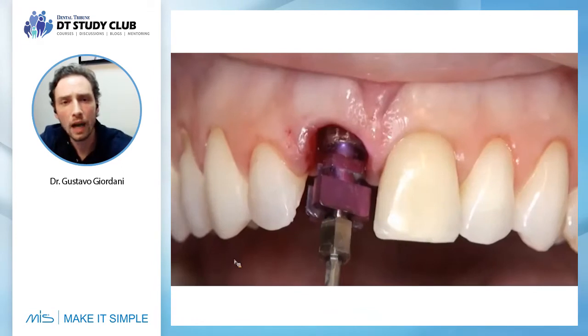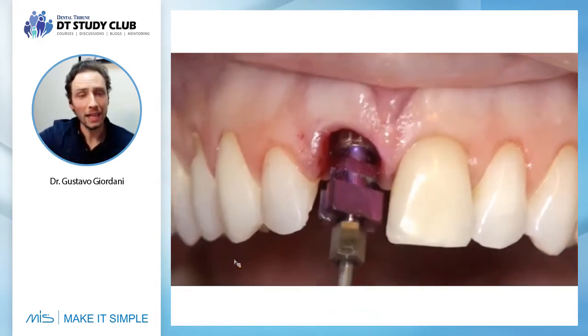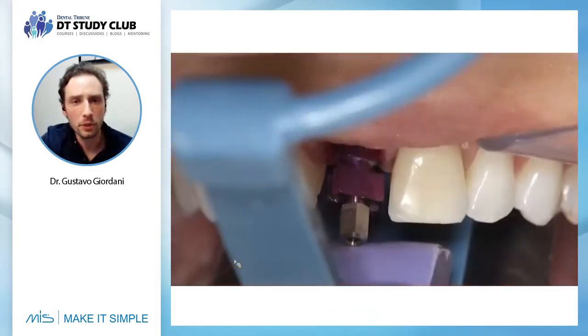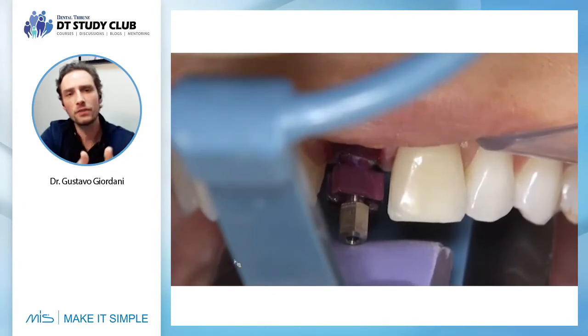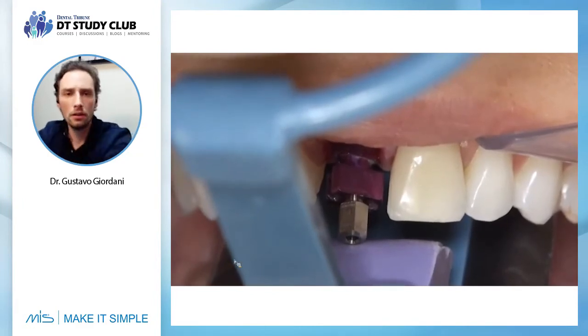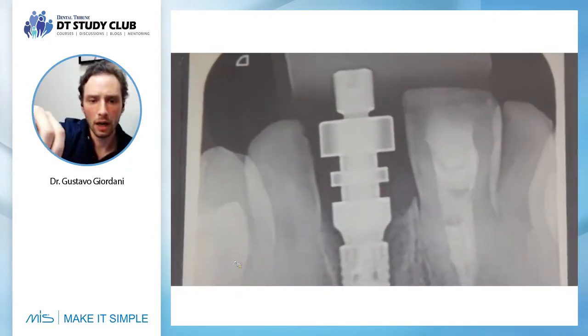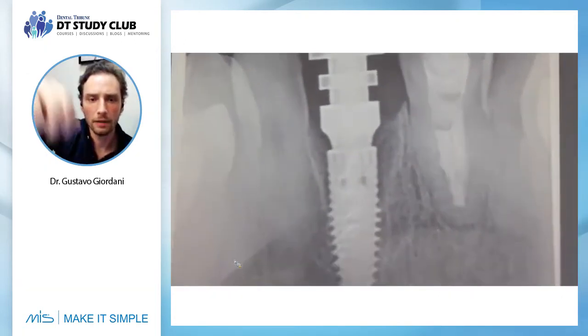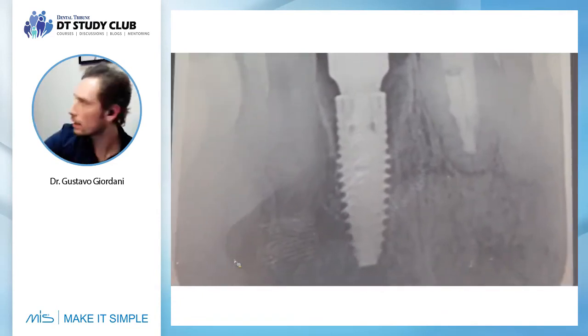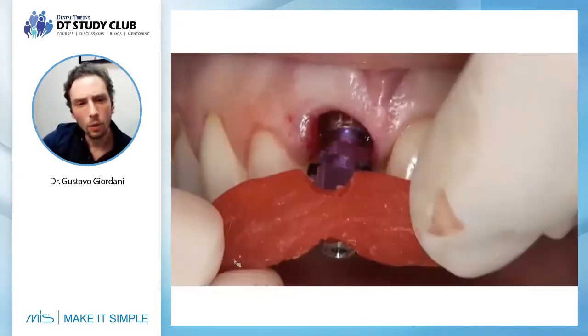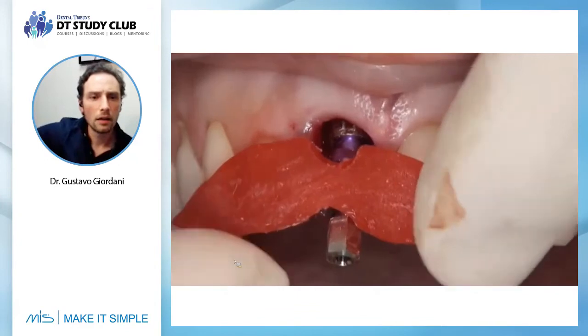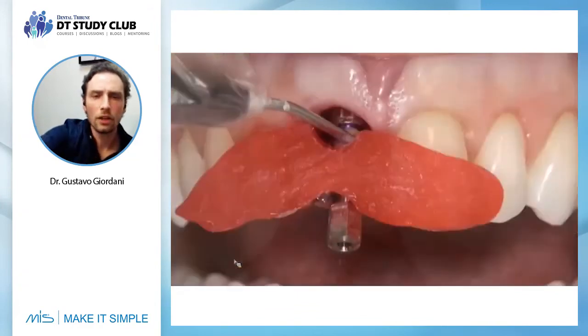What we need to do now is place the implant in the correct 3D position, and then transfer this implant position to the model. So we are now putting the impression copying. We take a silicone key.